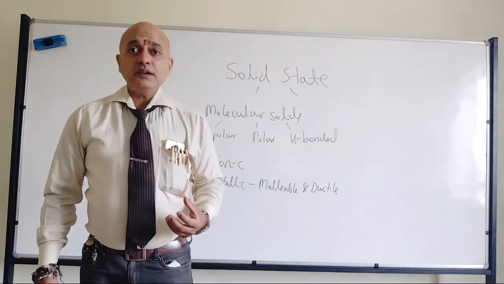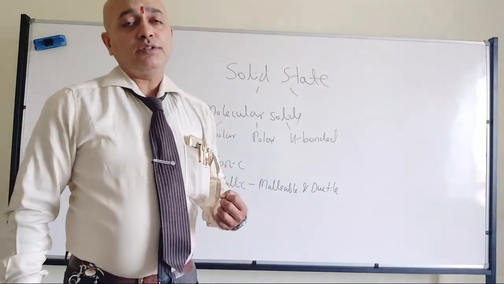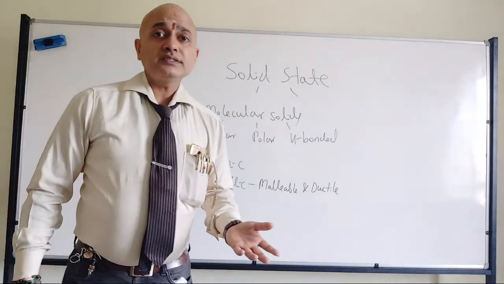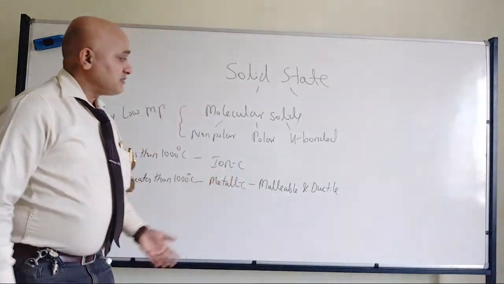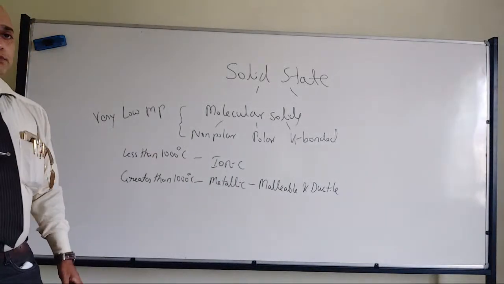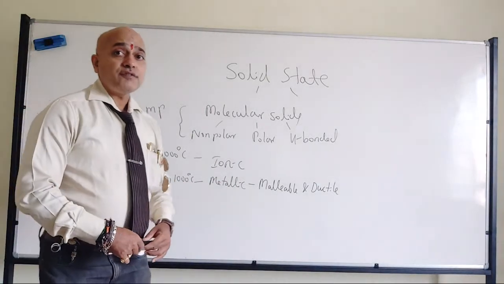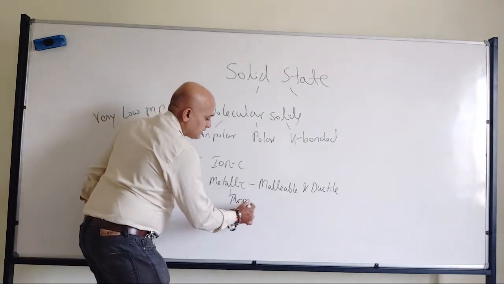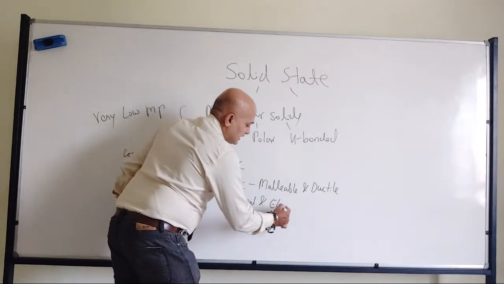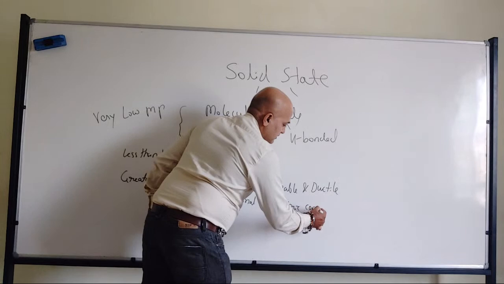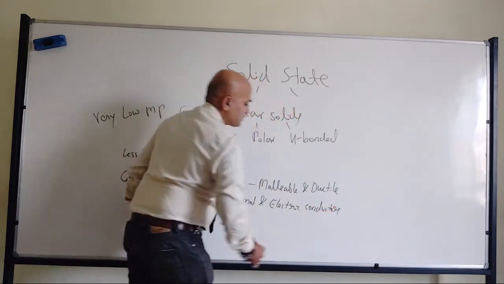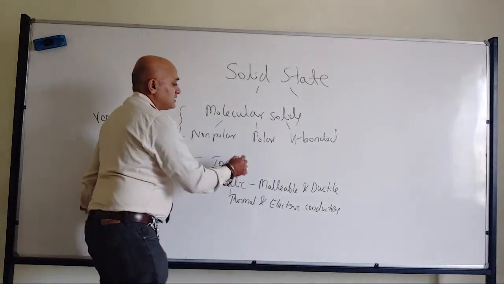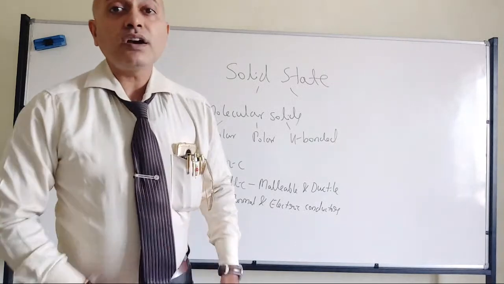What do you mean by metallic bond? This is the interaction of an electron of one atom with the nucleus of another atom. Due to free or loosely bound electrons, they are thermal and especially electric conductors. All the other solids are non-conductors of electricity.